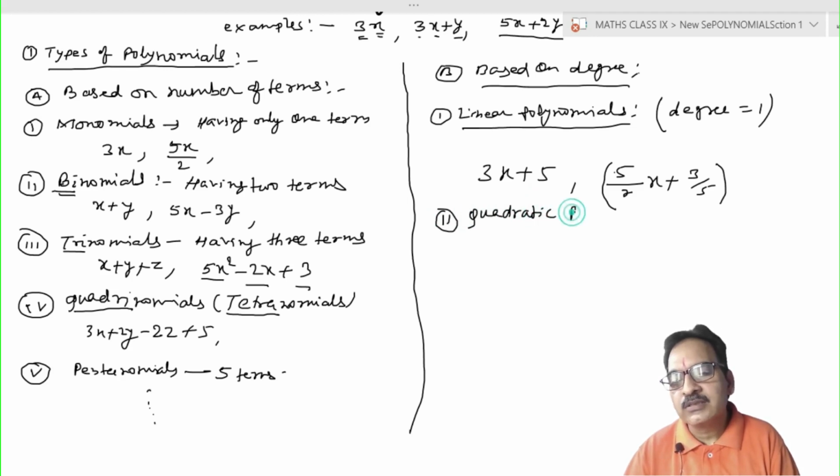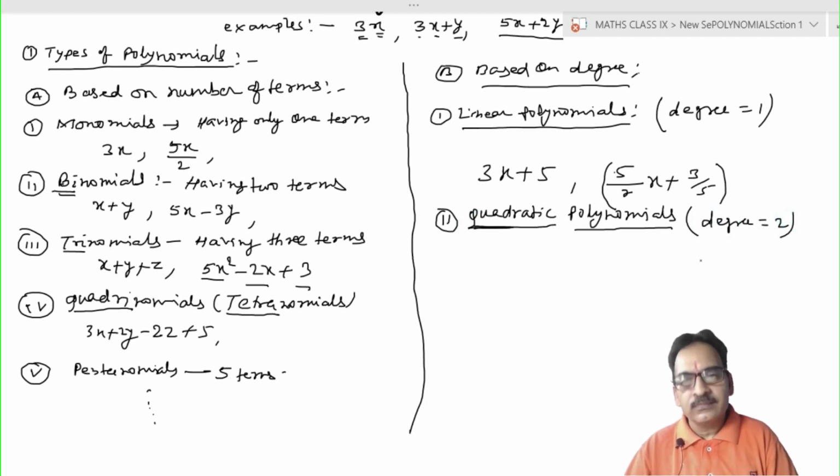Quadratic polynomials. The quadratic word indicates the value 2. So simply, any polynomial whose degree is 2 is called a quadratic polynomial.